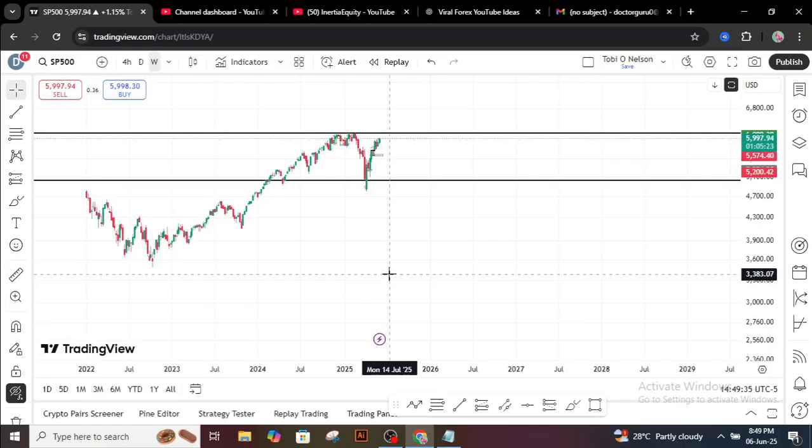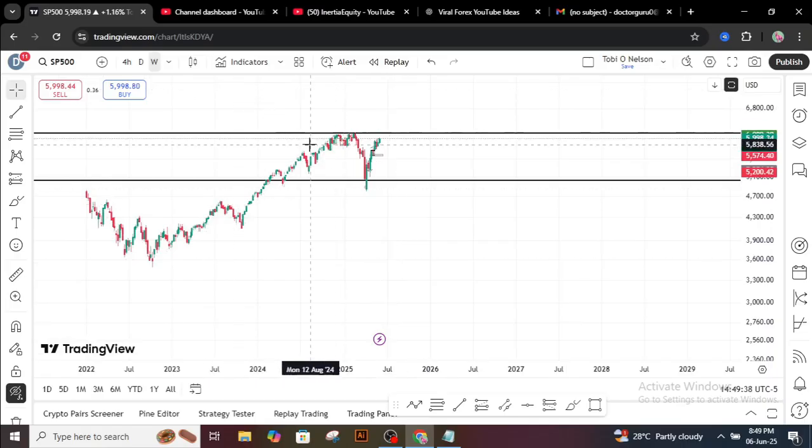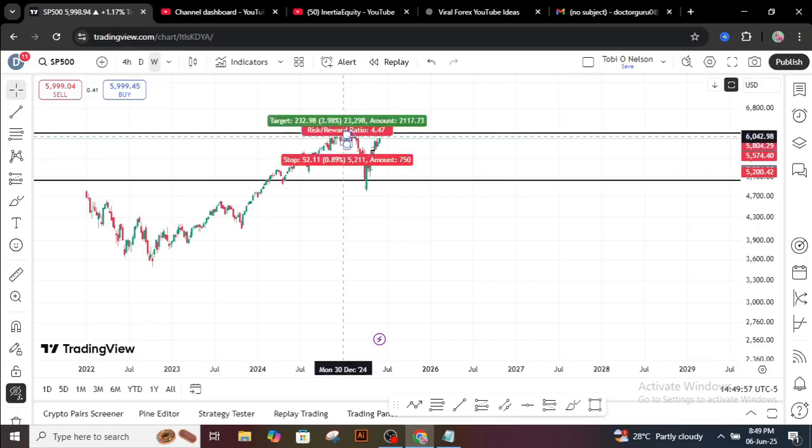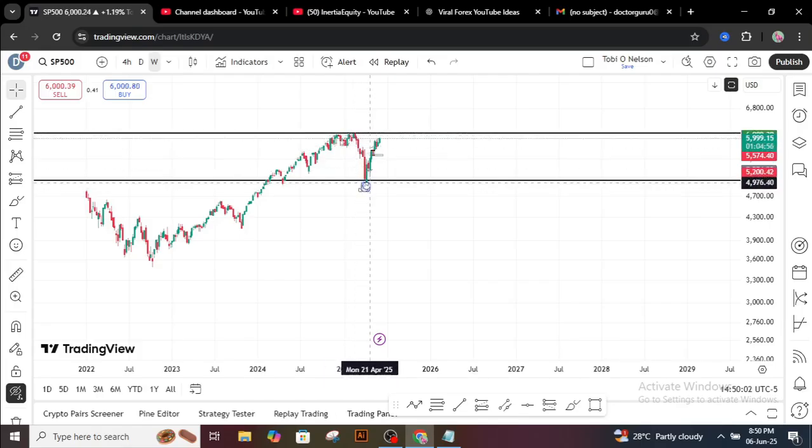On the weekly time frame, you want to map the recent highest point of the market. As at the time of me marking, this was the highest point. That is when the fear of tariffs started coming in. So this is the recent high and this is the recent low. You want to mark that part, and within this distance is where you'll be looking to trade.